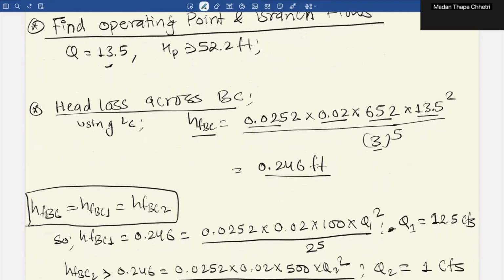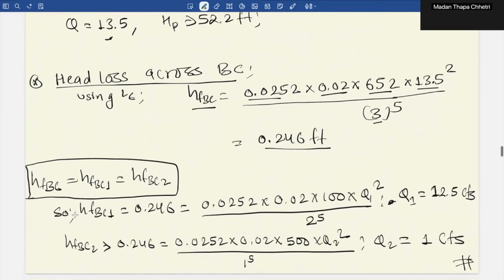And we know that the head loss for the equivalent pipe is equal to the frictional head loss for branch 1 and branch 2, they are all equal.